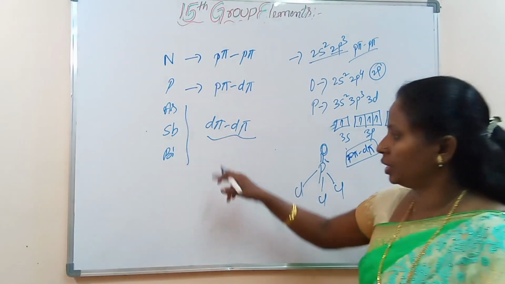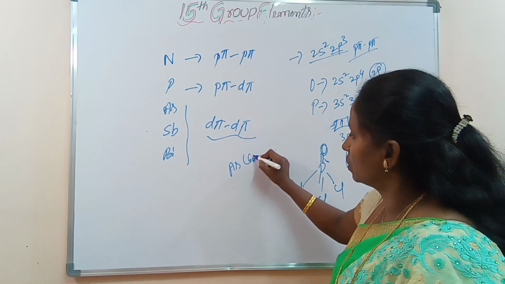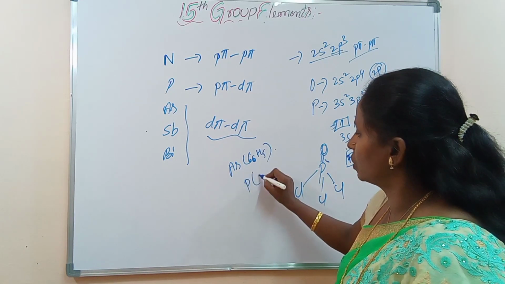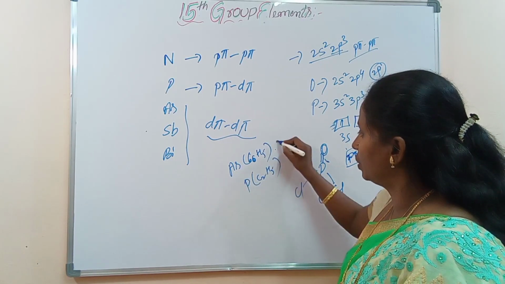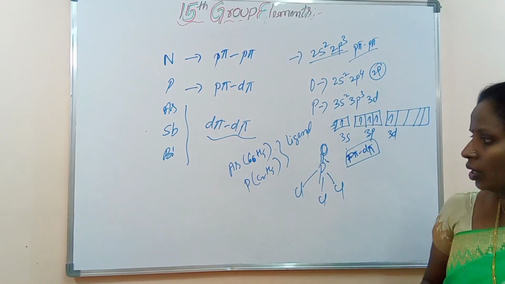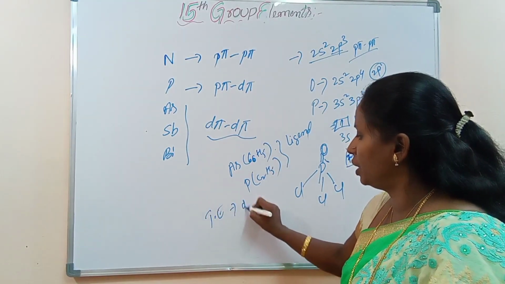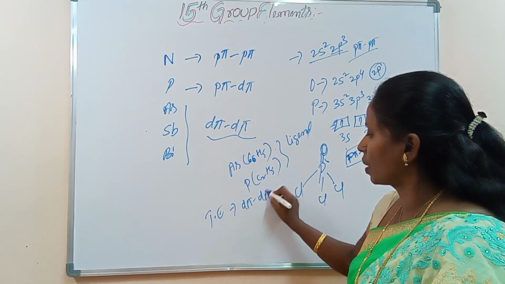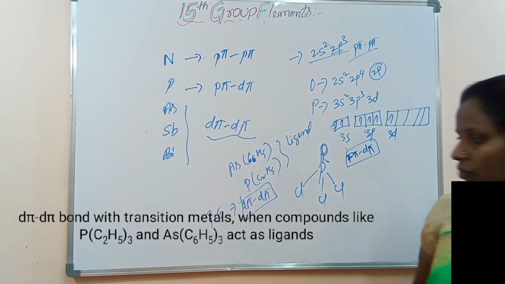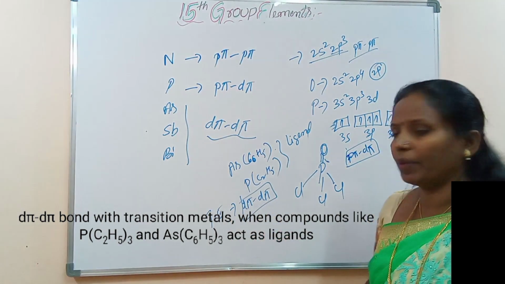In the case of arsenic and bismuth, here As(C6H5) and phosphorus P(C2H5), these two act as a ligand. And with the transition elements, the 3d elements, the d block elements, they are going to form d pi bonds.